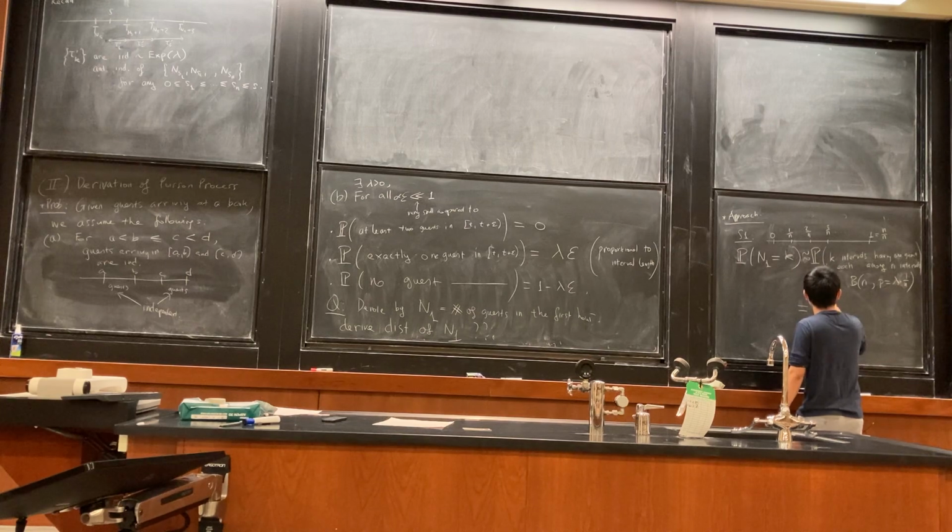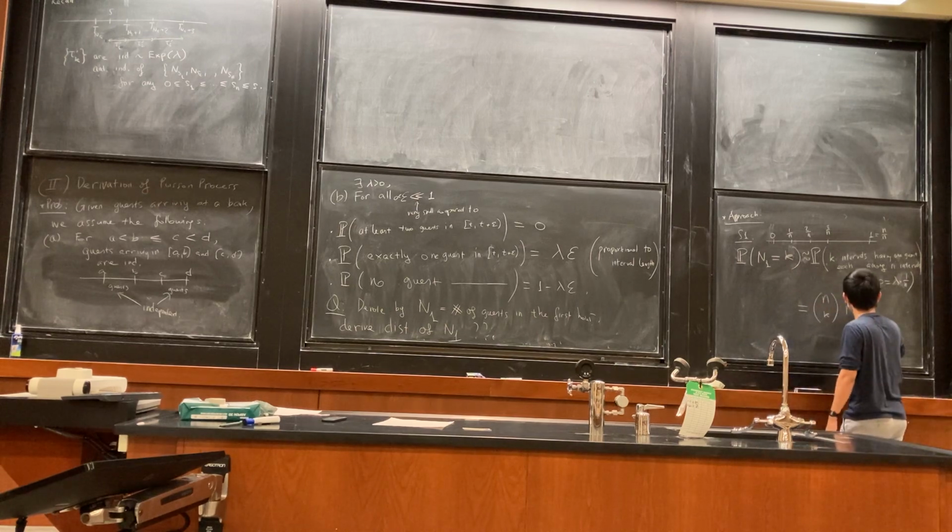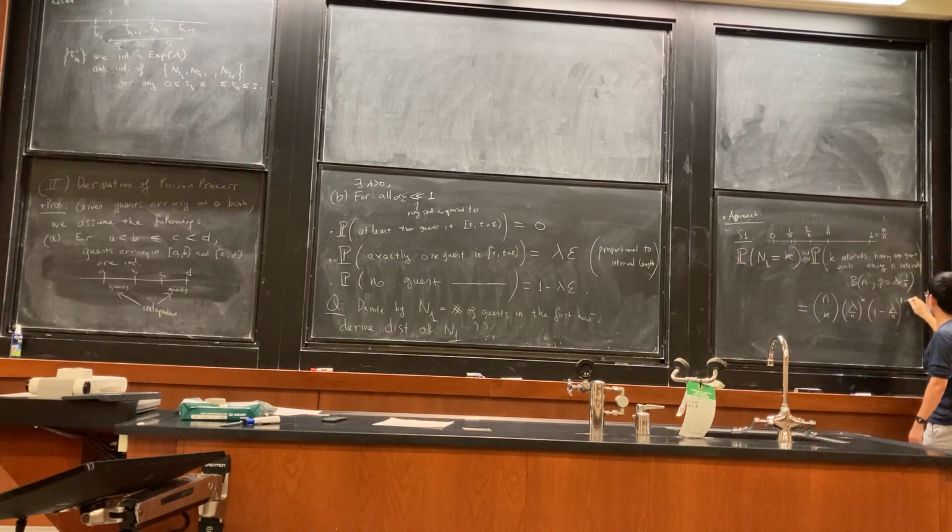This is n choose k, p raised to the power of k, which is lambda over n raised to the power of k, and 1 minus lambda over n raised to the power n minus k.